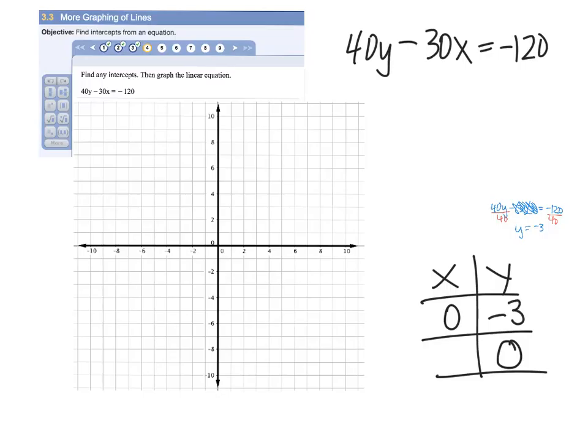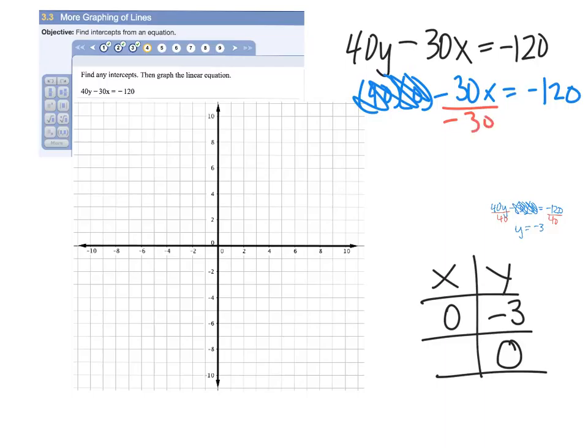And so now we're going to let y be 0, and that's the first number. So it's going to be 40 times 0 minus 30x is equal to negative 120. And we know that this is equal to 0. So we're going to divide both sides by negative 30. And that becomes a 1.